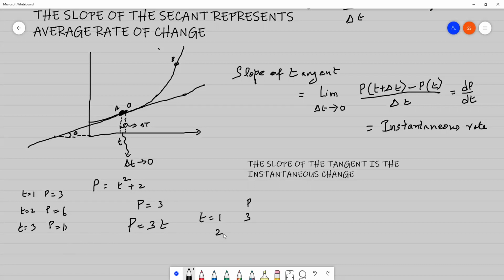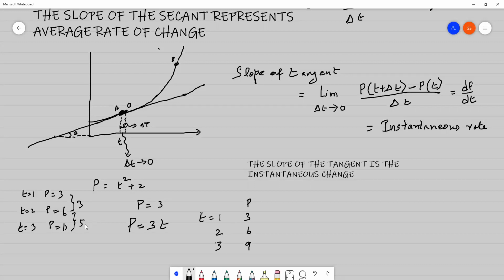When t is equal to 2, the price is 6. When t is equal to 3, the price is 9. Here in 1 day the price increases by 3 rupees, and here it increases by 6, and then 5 rupees.